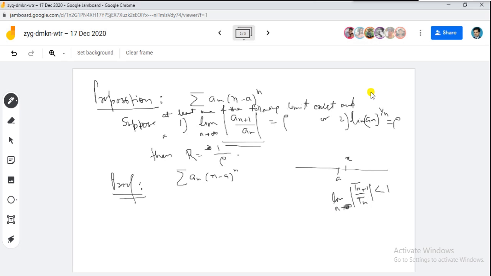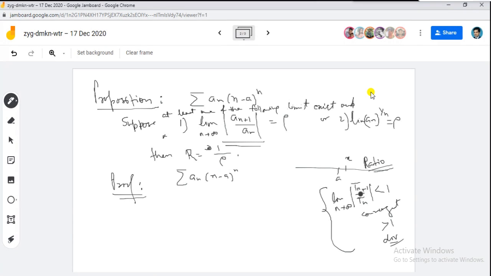What is the ratio test for the convergence of an infinite series? If the n plus 1th term to the nth term, limit n tending to infinity, is less than 1, then your series is convergent. And if this is greater than 1, divergent. But the test fails when equal to 1. So I'm not talking about the equal to 1 case.